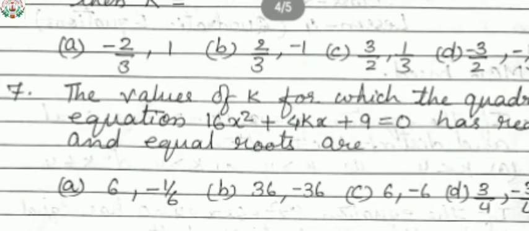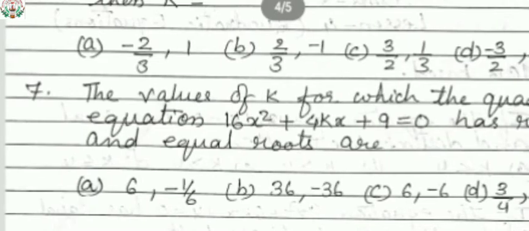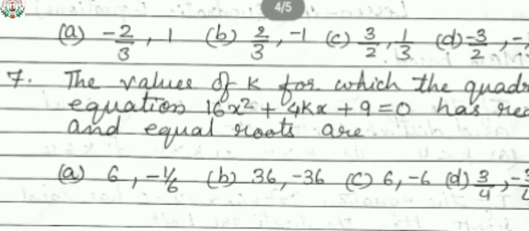From the given quadratic equation, find the values of a, b and c, and put them in the discriminant, b square minus 4ac equals to 0. Then simplify for k and check what values you are getting. So solve these MCQs and get the answers for them.